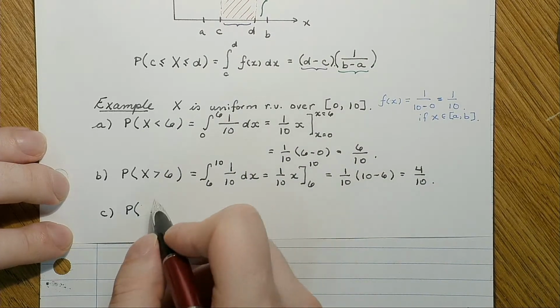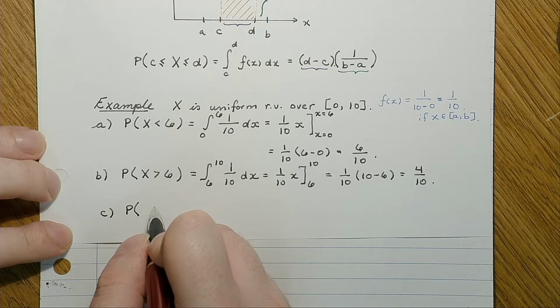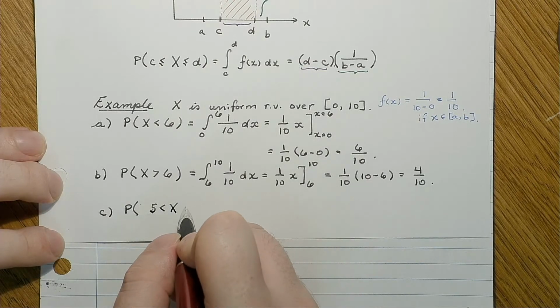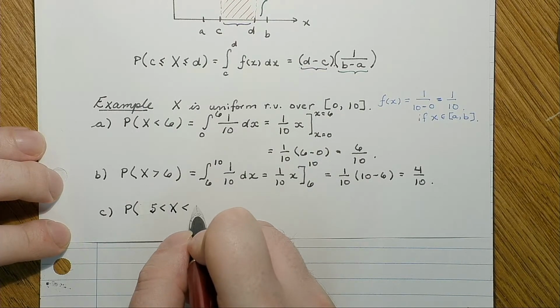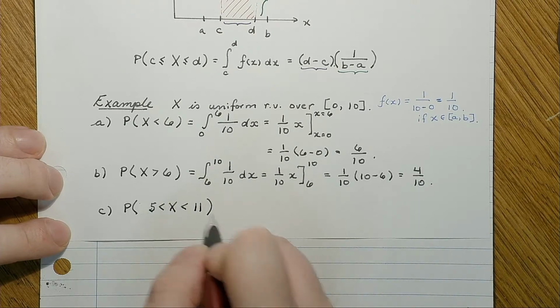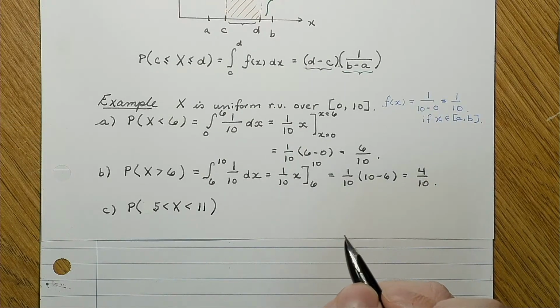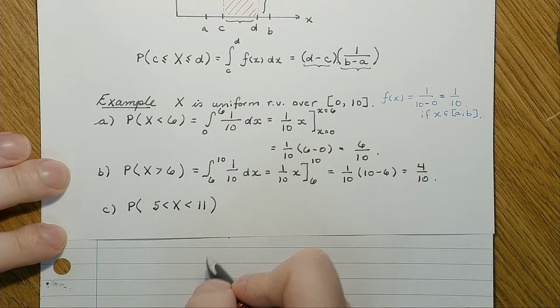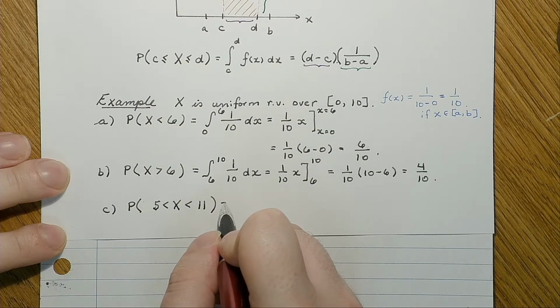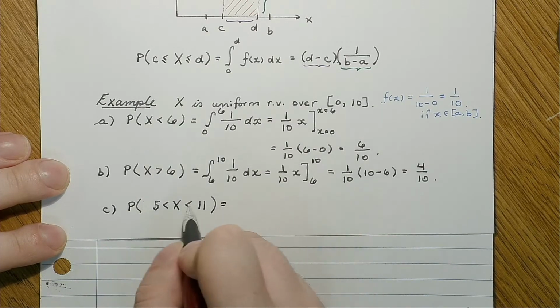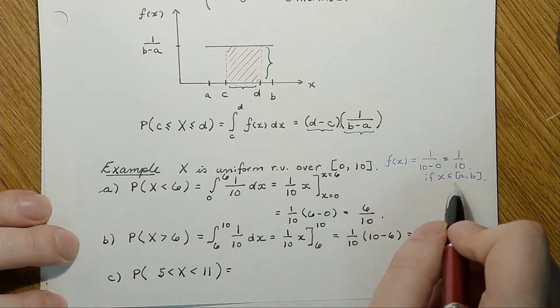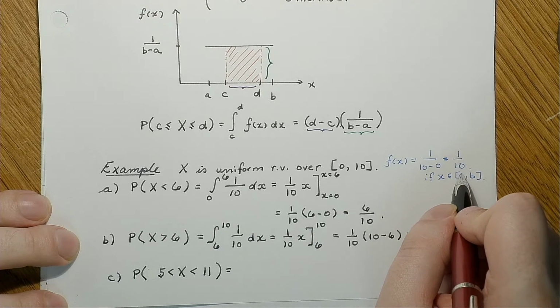And lastly, we have, say, something like from 5, and let's throw a curve in here. Let's do to 11. The way that I would do that is I might have to break this up into two integrals. The reason for that is going from 5, well, it's defined, and now it's for 0 to 10.